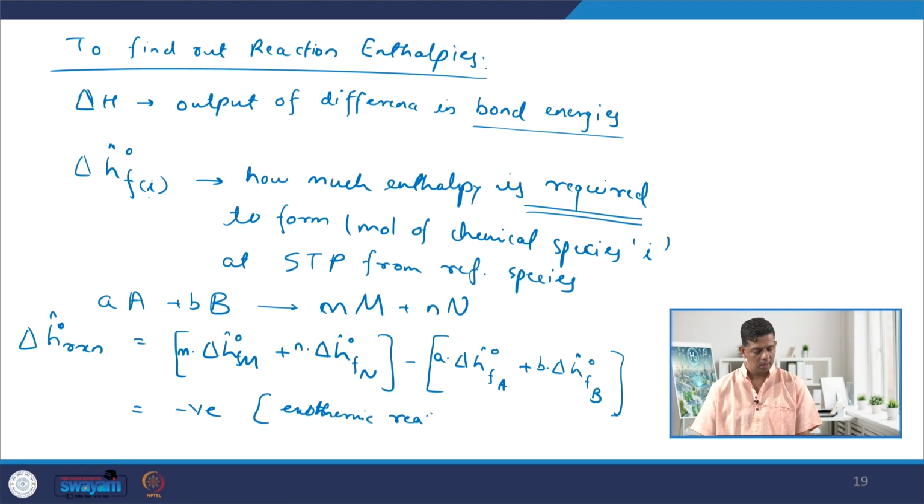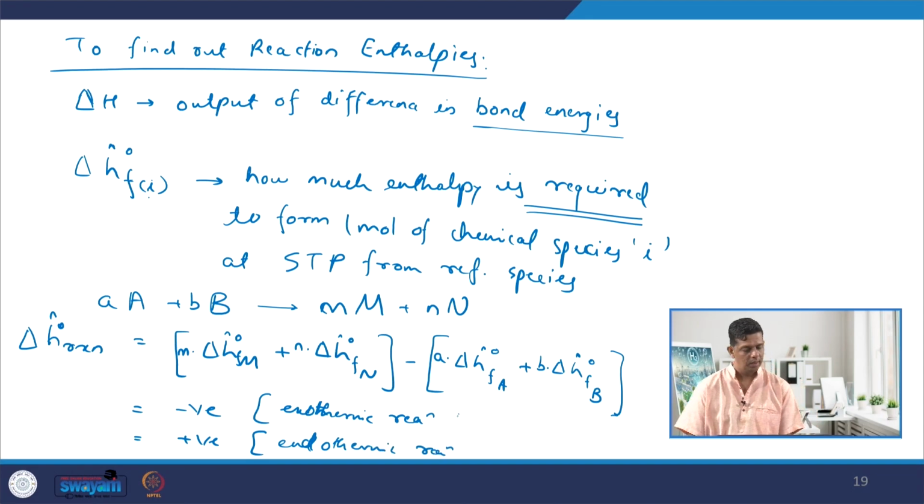exothermic reaction, right, and if it is positive, this is an endothermic reaction. So here, which means the heat is released, let me write it in capital letters, and here heat is required, or rather it will be absorbed.